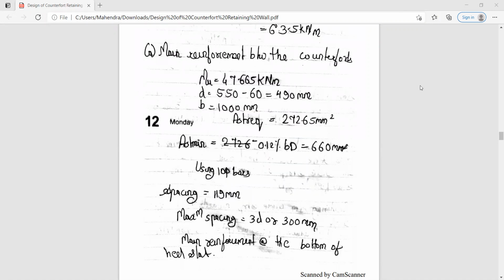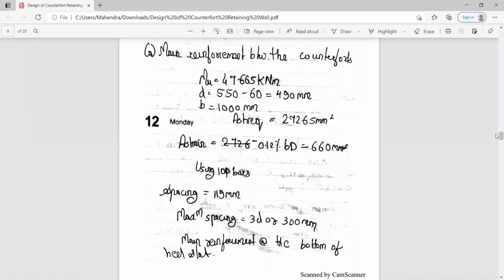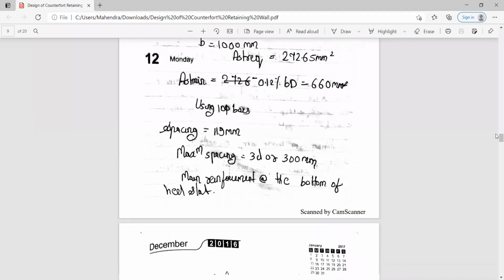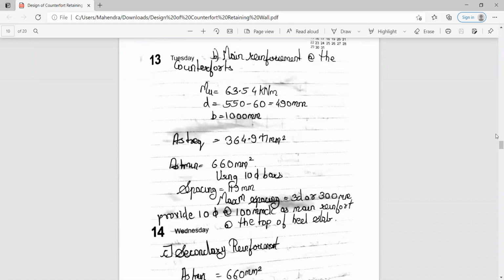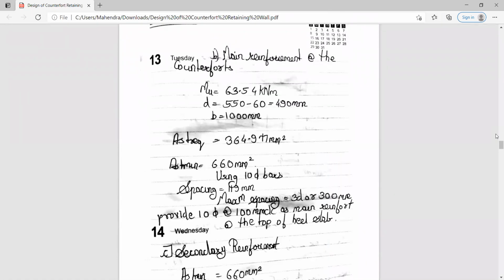Okay. Now we need to calculate the main reinforcement at the counterfort. For this, you have calculated the moment, which is 0.54 kilonewton meter. Then D will be the same, that is effective depth, 550 minus cover, which will be 490 mm.